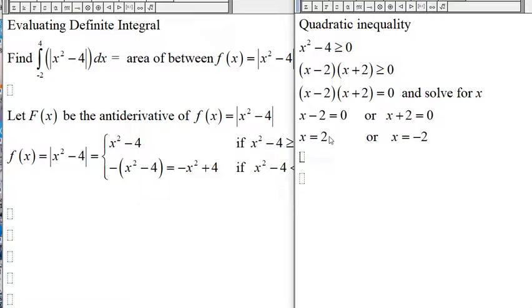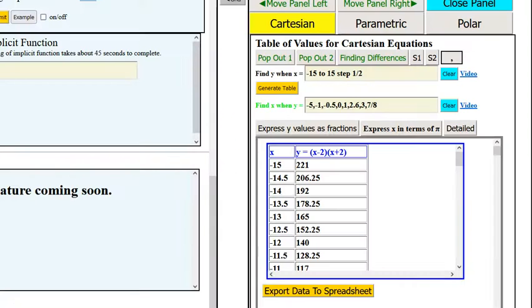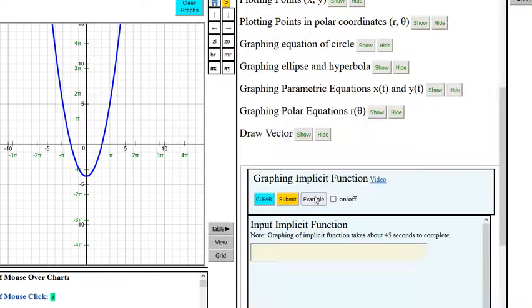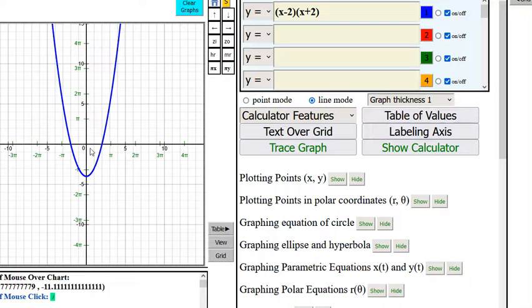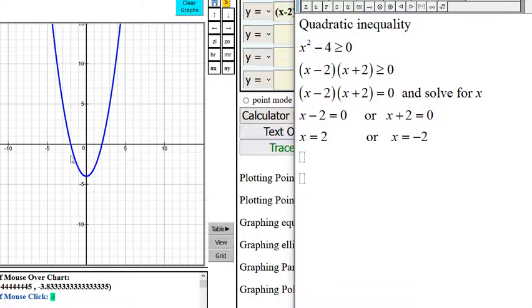And then graphically, this is what it looks like. And so let's go ahead and graph this part right here on the graphing calculator. This is what it looks like. So this is negative 2 and this is 2. And so now we have three intervals.